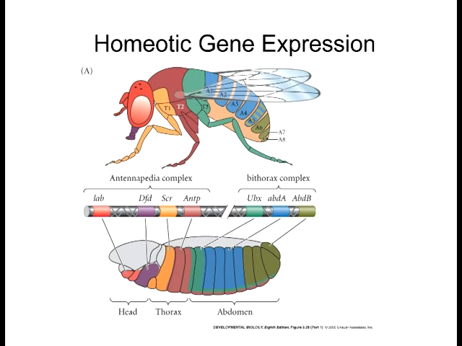Okay? One of the things about these is there is a hierarchy, where each one, going from posterior to anterior, supersedes the other, which means the abdominal B gene will prevent the abdominal A gene from being expressed in this region. It supersedes that gene, and so on and so forth as you go through here.